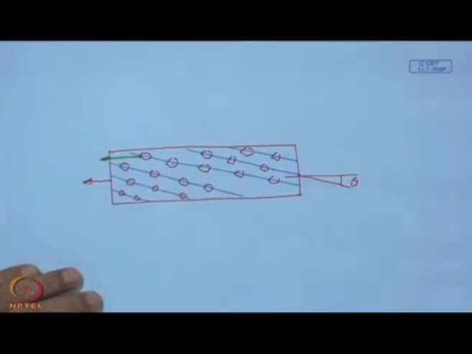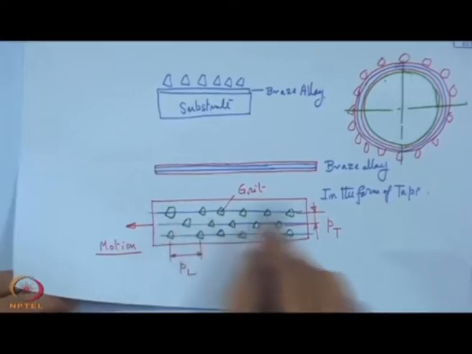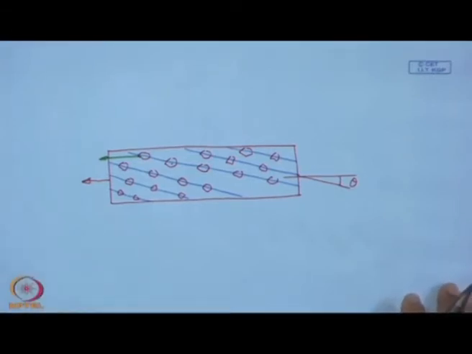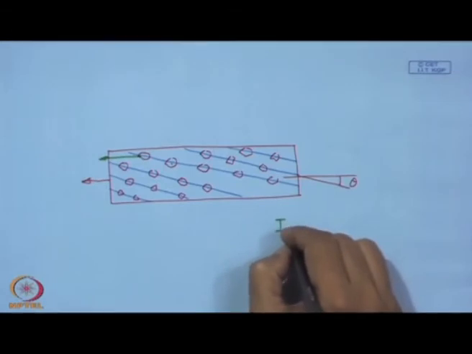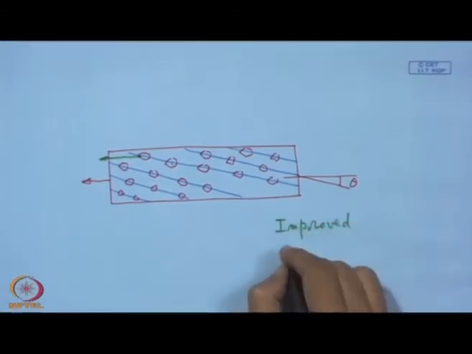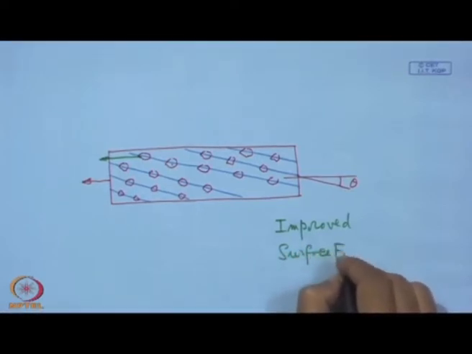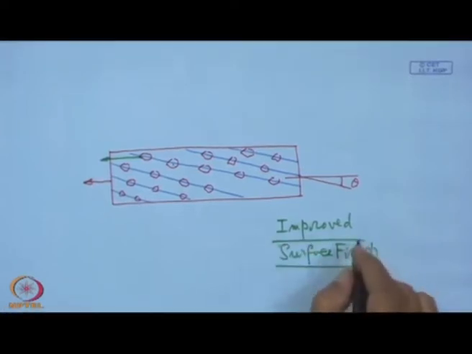Compared to this one, where we get just 3 lines, here we get more number of lines with the same grit density, and with that we get an improved surface finish, apart from free cutting action.